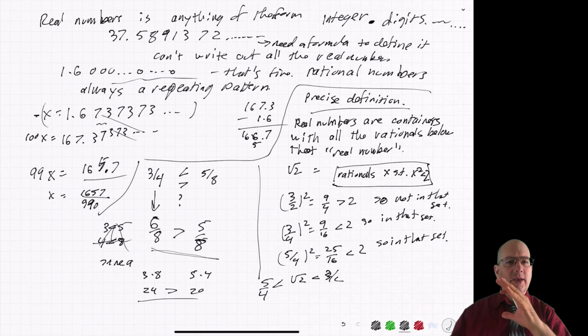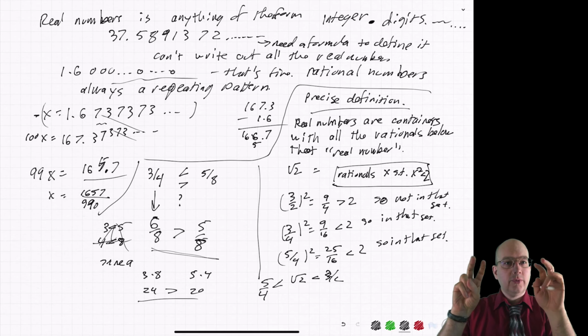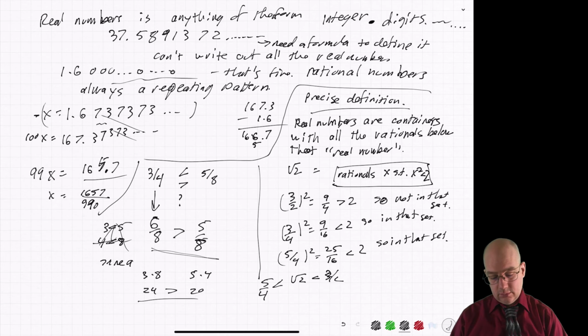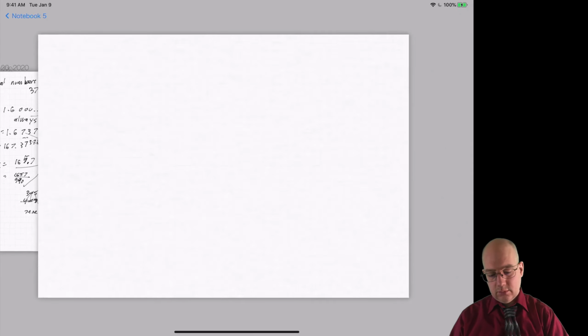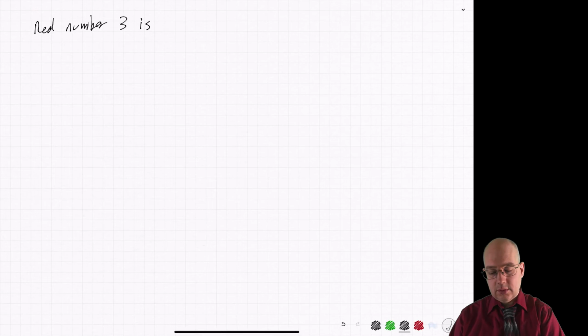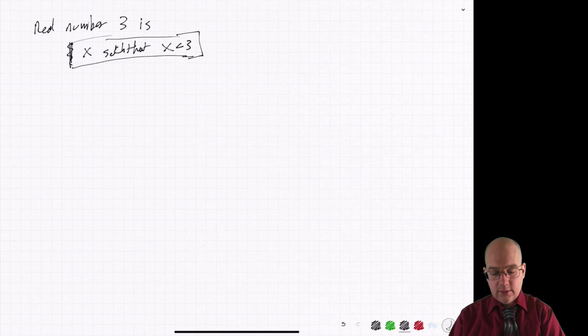The square root of 2 is everything below the square root of 2. The real number 3 is all the set x such that x is less than 3.